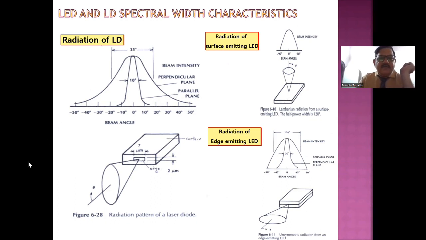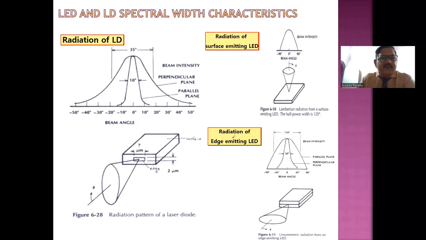And in this context, I have presented here the radiation from this edge emitting LED, and this is the surface emitting LED, and this is actually your laser, your edge emitting LED.